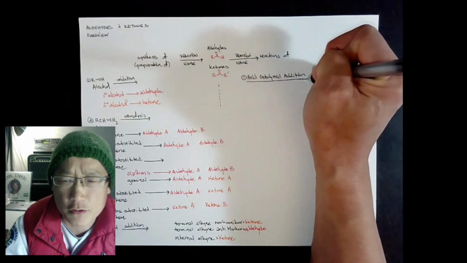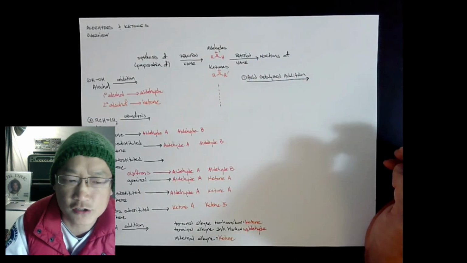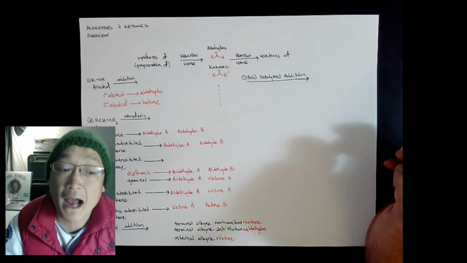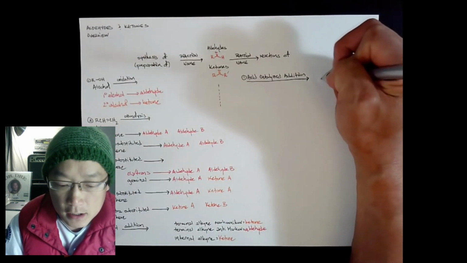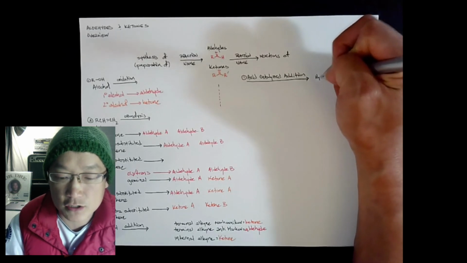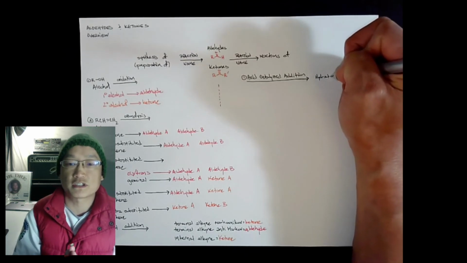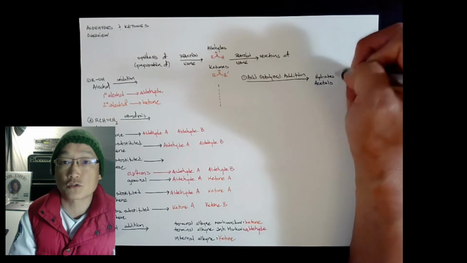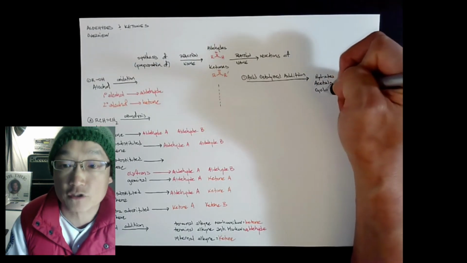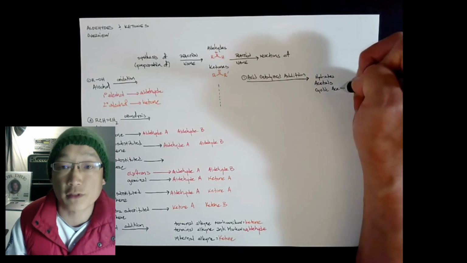If you remember your ethers and epoxides section, this is going to become very familiar, because in the epoxide reactions, the types of reactions were really split into two different types. Either you would add acid first, or you would add your nucleophile first. And the same is going to be true with aldehydes and ketones.